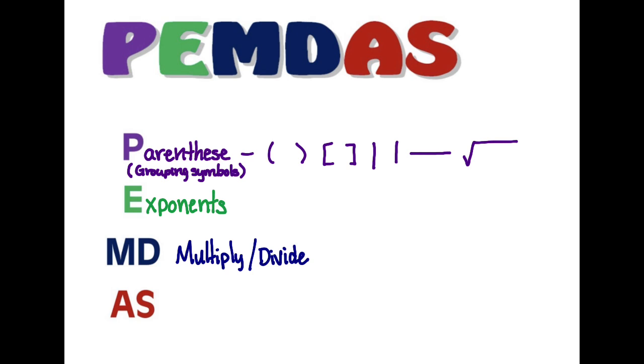And if you notice down here on the red part, you see two of them on the same line as well. A and S stand for add and subtract. That means they are equal ranks. Again, whichever one you see first.